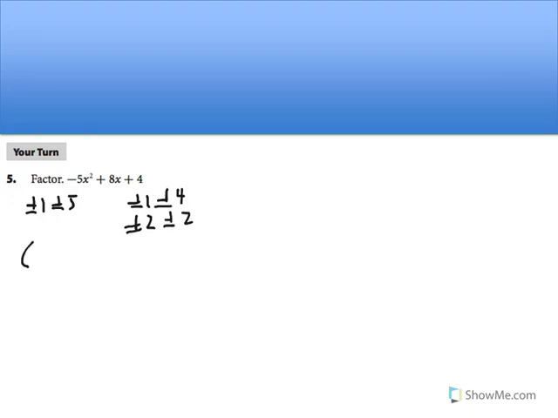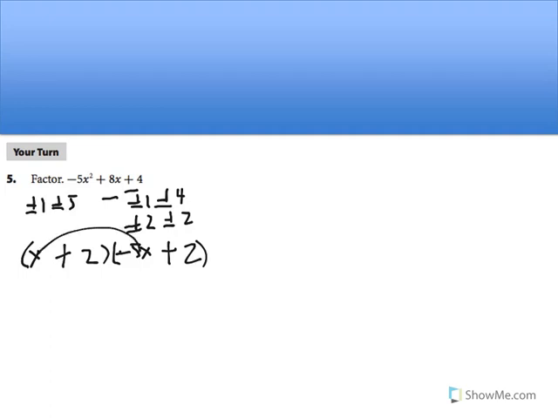Let's say we try x and negative 5x. We want positive 8, and both of these are positive, so we can try a positive 2 and a positive 2 and see if it works.